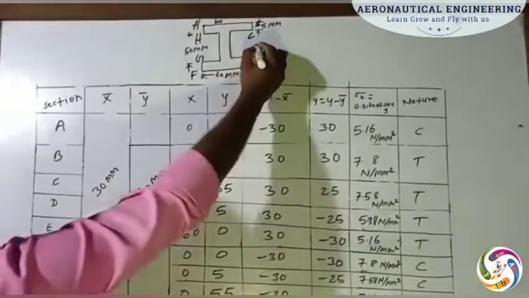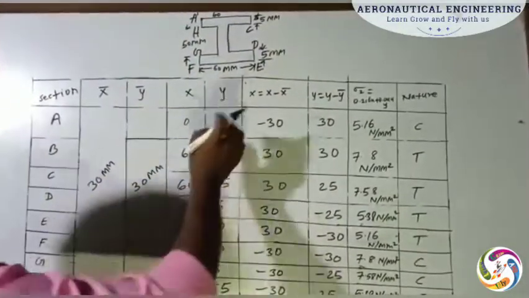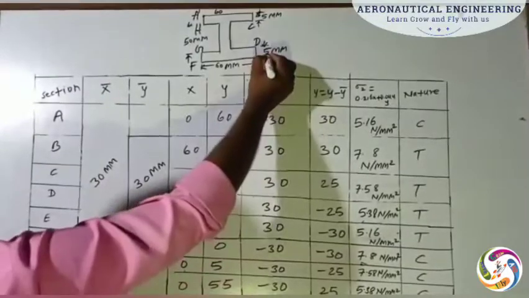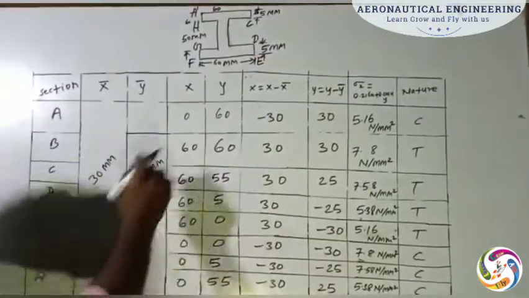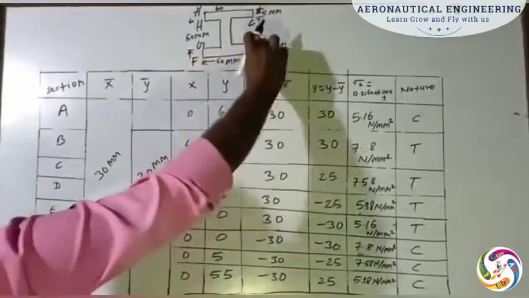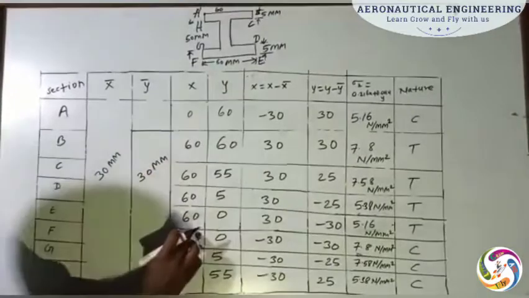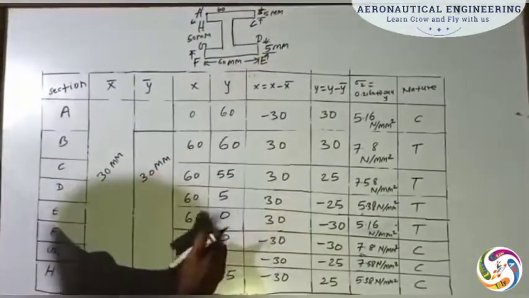For C point x value is 60, but y value is 55. How? This one is 50, so 50 plus 5, 55. For D point x value is 60 and y value is this 5. For E point x value is 60 and y value is 0. There is no vertical distance.